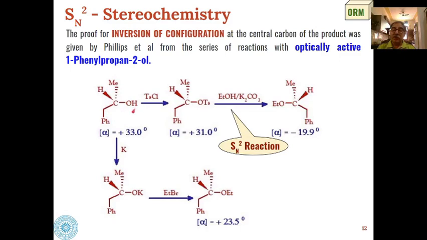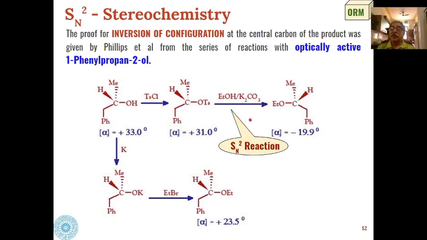Here, because there is no effect on this carbon-oxygen bond, the configuration of the substrate will be the same as the configuration of the product. This was dextrorotatory, so we will get a dextrorotatory product. So we have converted this alcohol into its tosylate on reaction with para-toluene sulfonyl chloride.